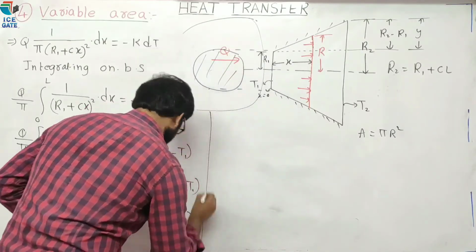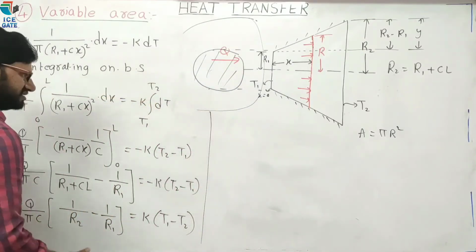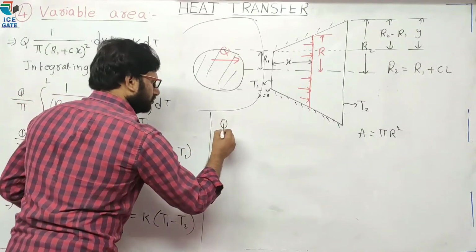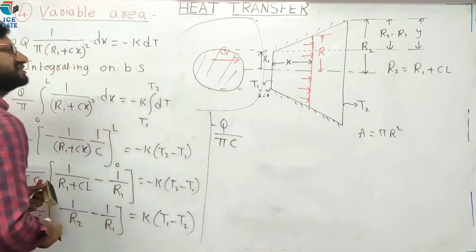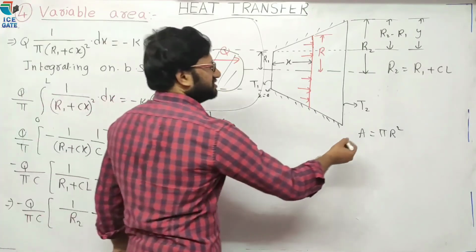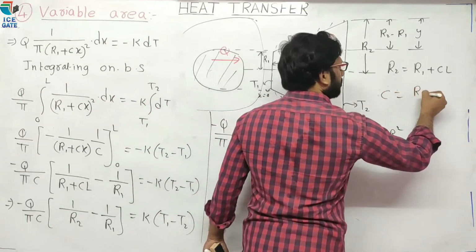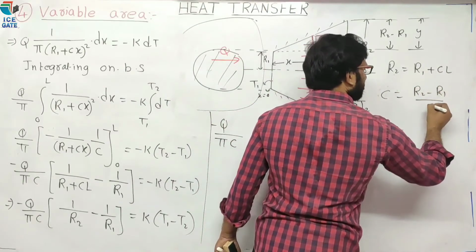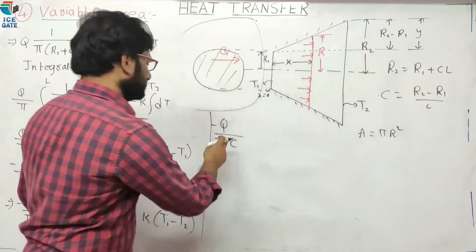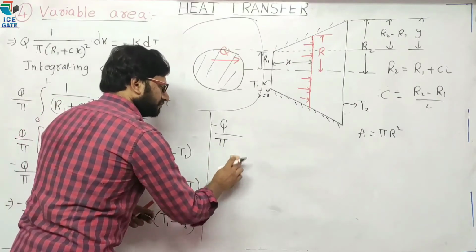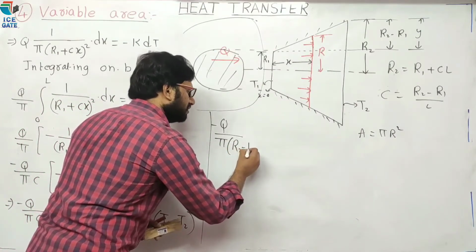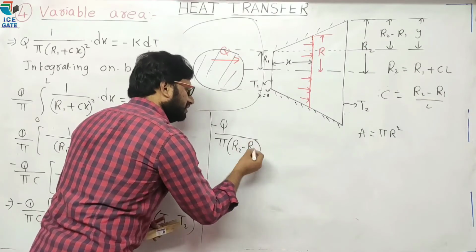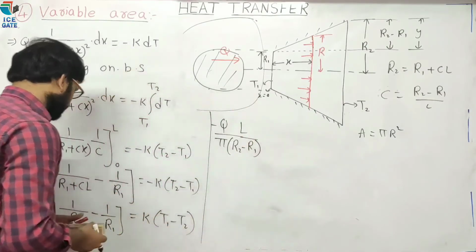Now write down. Now can I write this? Q minus Q divided by pi C. Now what is the C value? We know that C is equal to R2 minus R1 divided by L. Now in place of C, substitute R2 minus R1 divided by L. Okay.